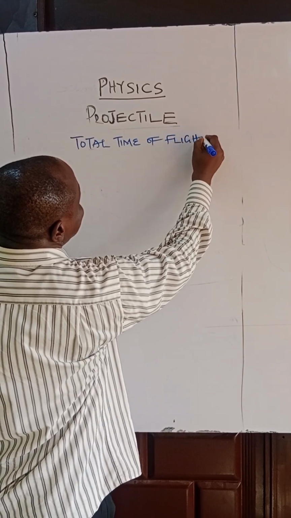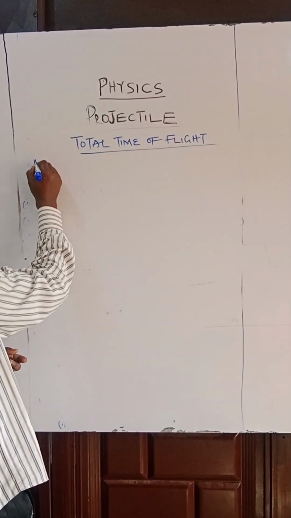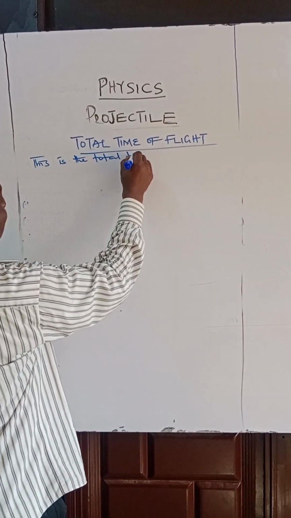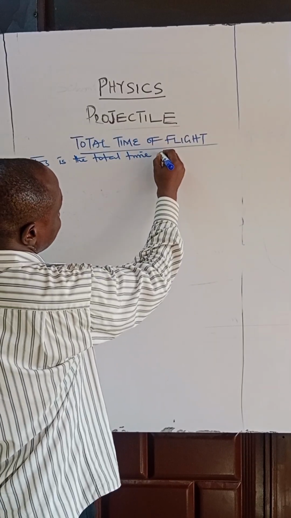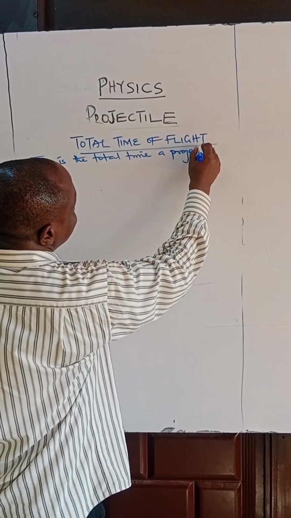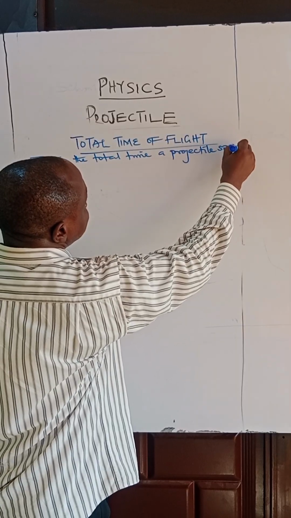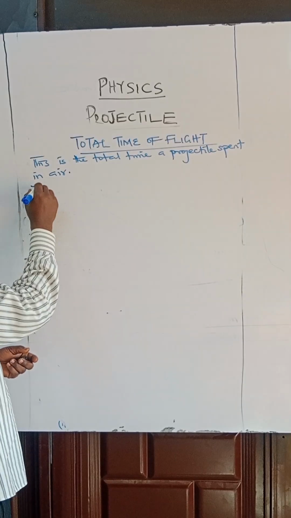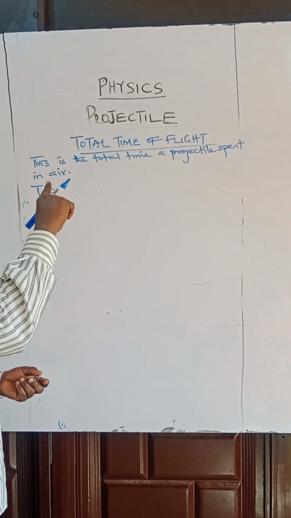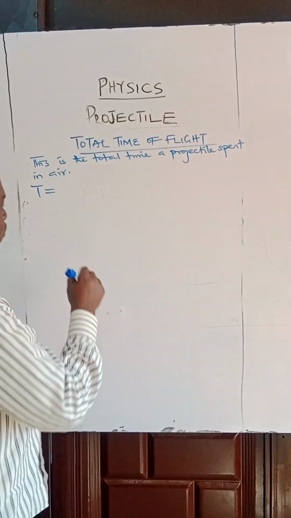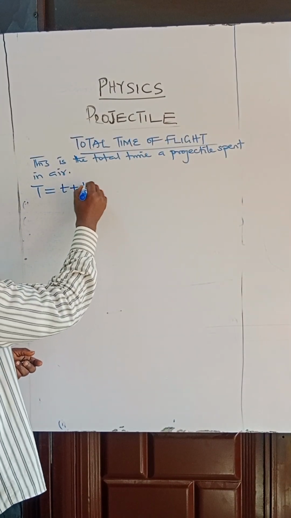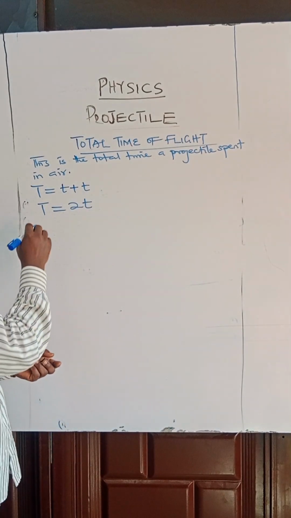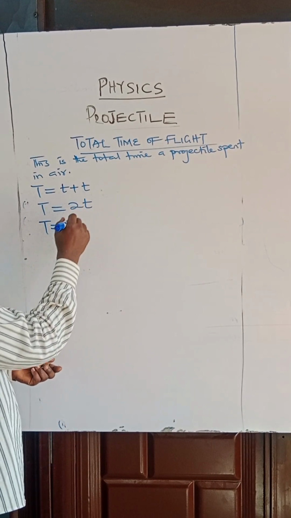This is the total time a projectile spent in air, given as capital T. It is always equal to the time taken for upward motion plus the time taken for downward motion, so T = t + t, which is 2t.